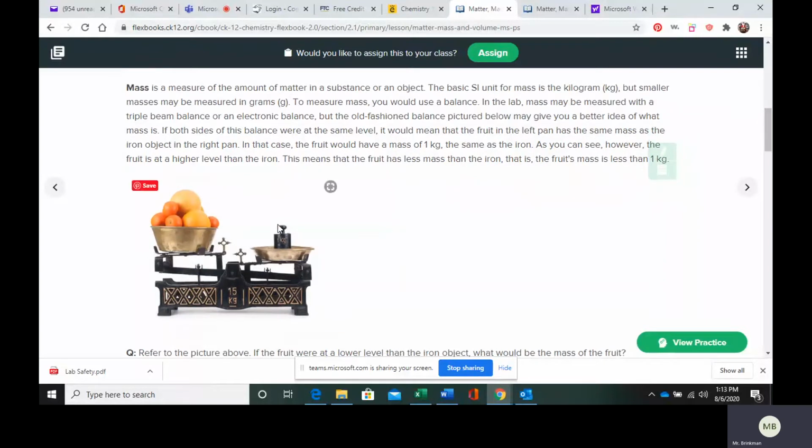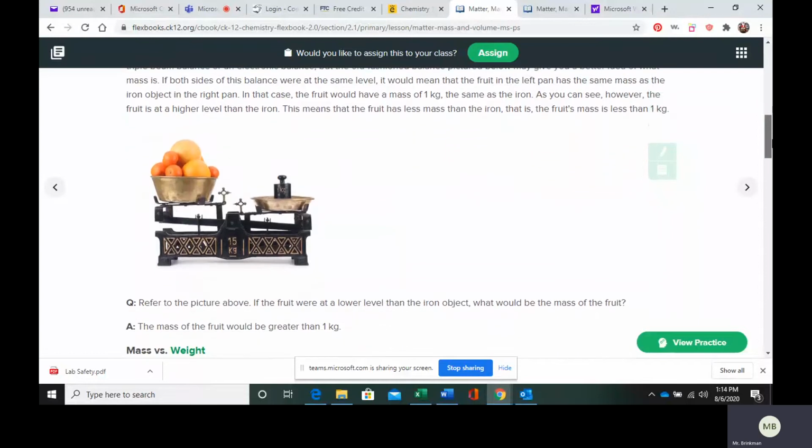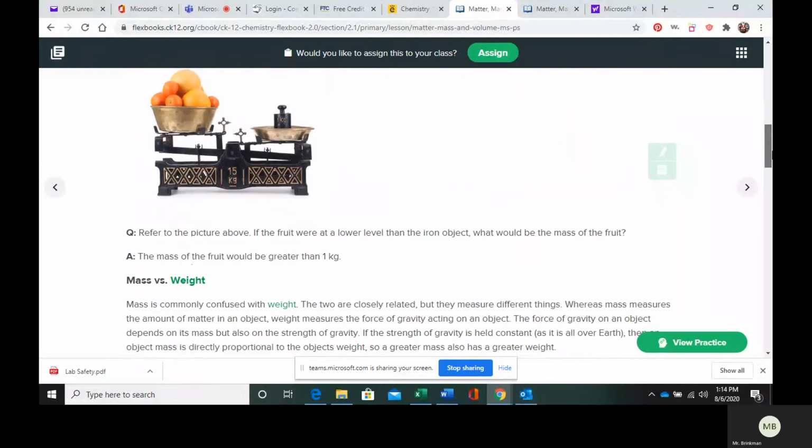This down here is what you call a triple beam balance, where you adjust all these little things down here, but we're going to use digital balances. It's just a lot easier. So mass is the amount of stuff in an object. And we'll get to how mass compares to weight.